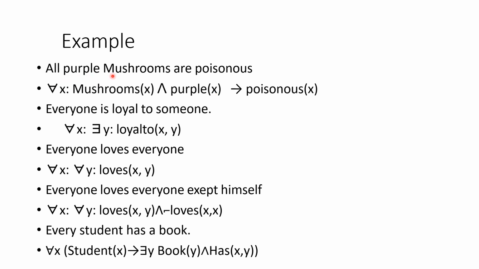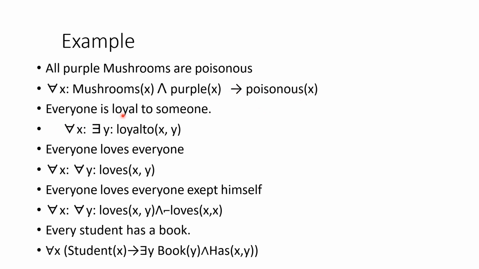We are using and because it should be a mushroom and it should be purple. Then that means they are poisonous, so that means implies poisonous of x. So for all x, if x is a mushroom and x is purple, then it is poisonous.